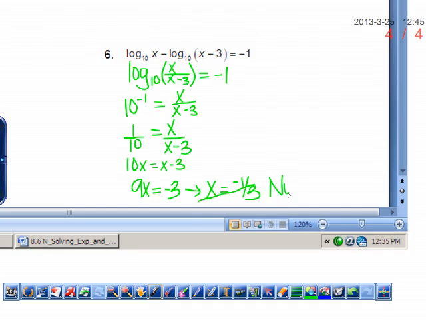So my answer is no solution. Questions on that? Do I have to look for each argument? It has to work for everything, yep.